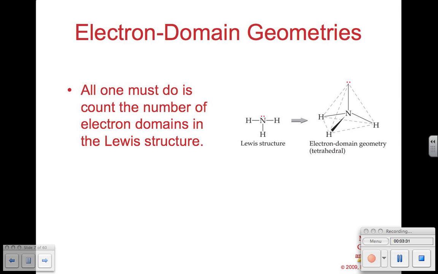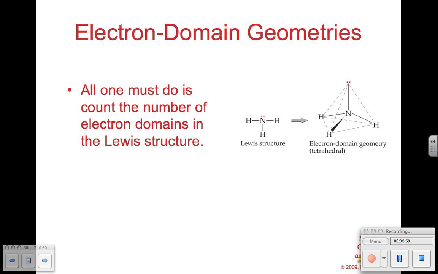In this case, you have the Lewis dot structure for ammonia, and then you just count the number of electron domains around it. In this case, there are 4 electron domains. There are 3 shared electron domains and 1 unshared electron domain, but they all count, so a total of 4 electron domains.